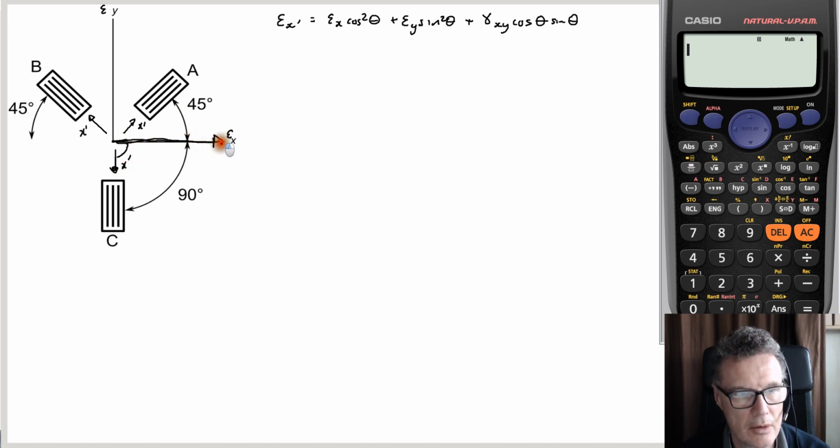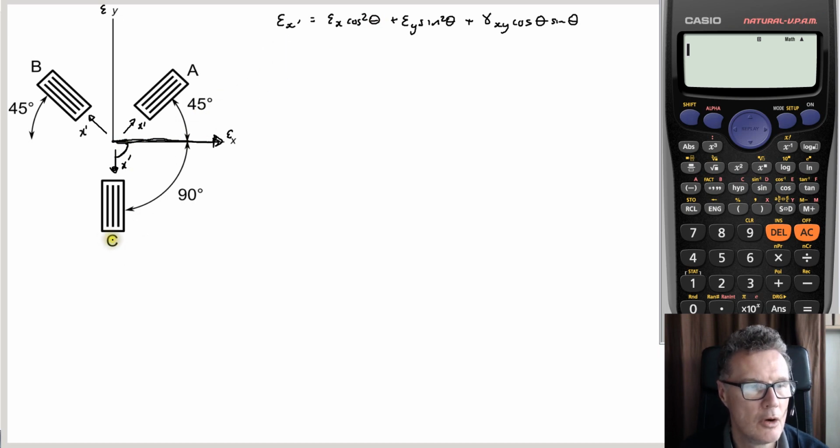That's our game plan. So you say to yourself, how am I rotating? I'm rotating in an anti-clockwise sense. These angles work on anti-clockwise, so that means it's going to be a positive number there.